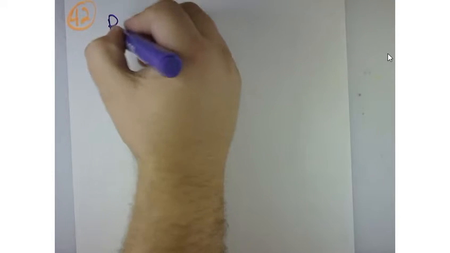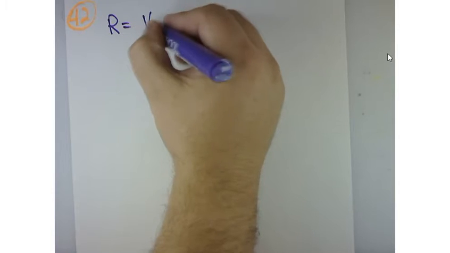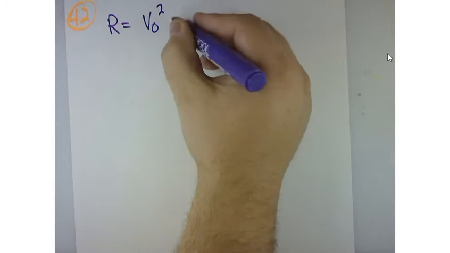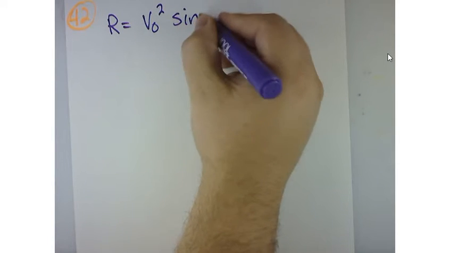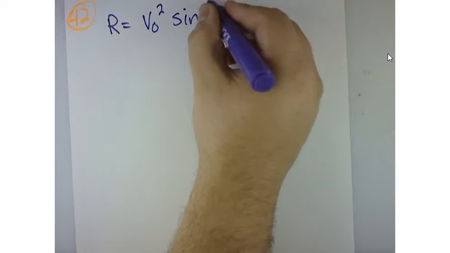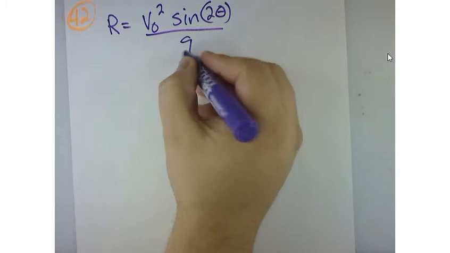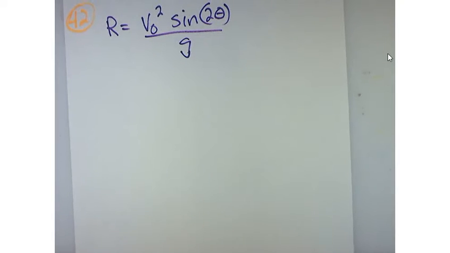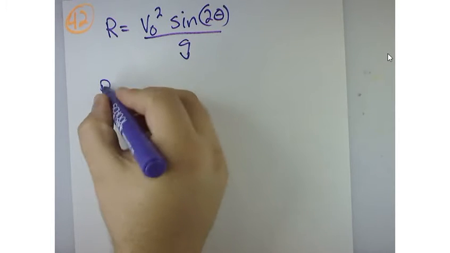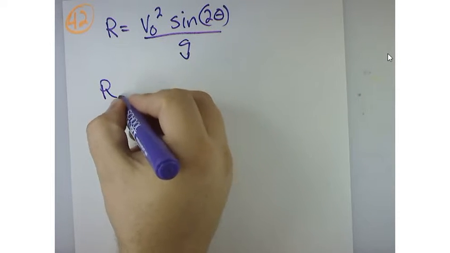Let me get a different colored marker here. Remember that the range is equal to the initial velocity squared times sine of 2 theta all over g. Now what they're saying is, what would the range be if we increased the velocity by 10%?